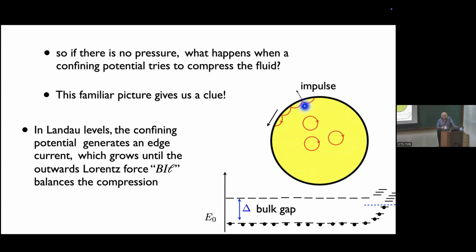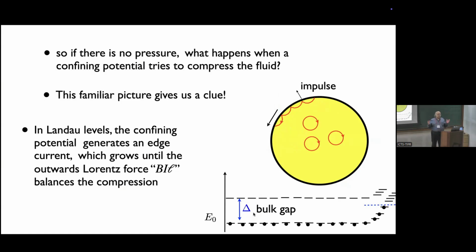Of course, you know that every time the orbit hits the container wall, it's giving it an impulse. So this edge current is actually pushing outwards on the wall. And what is it? It's actually the Lorentz force on the edge current. As there's an edge current going that way, there's a Lorentz force pushing outwards. And indeed, that's the way the system responds to external pressure.